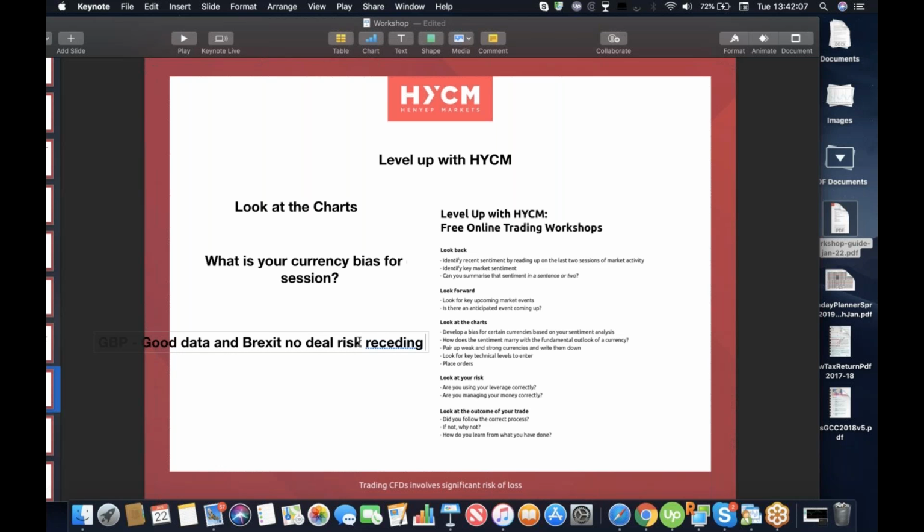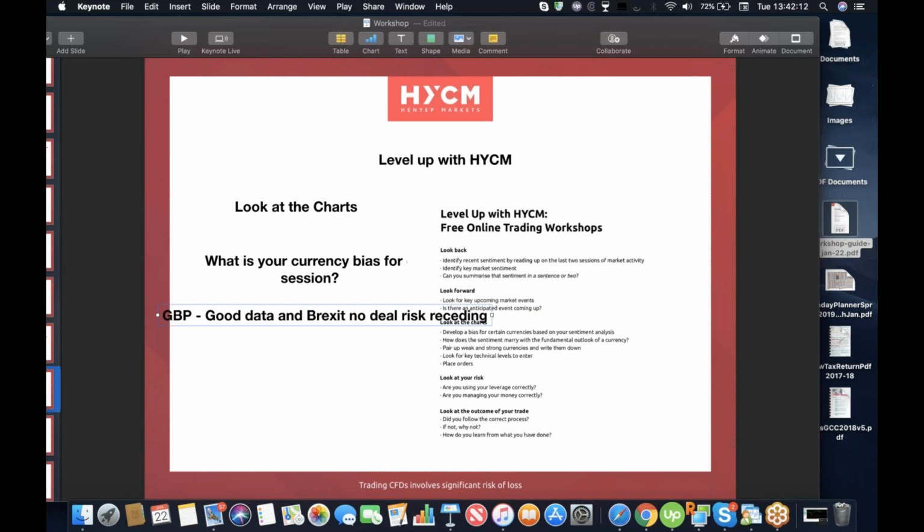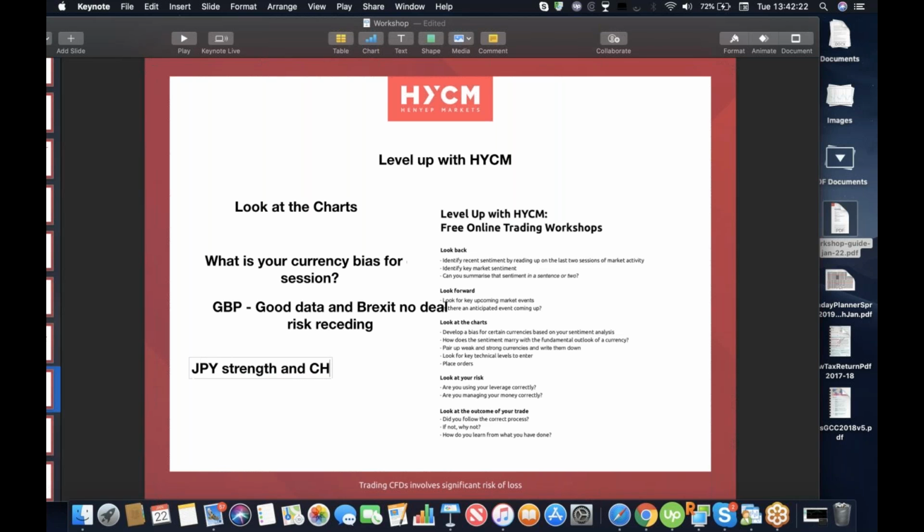Then we have the Japanese yen on risk off. And of course we have the US dollar on risk off as well.